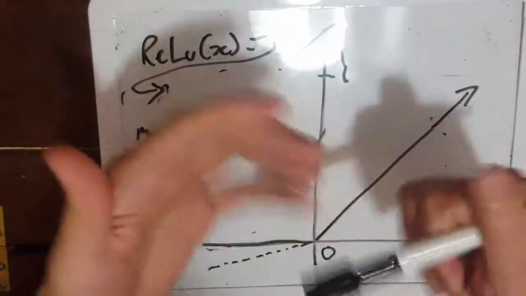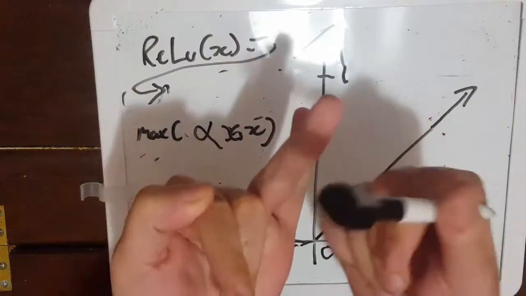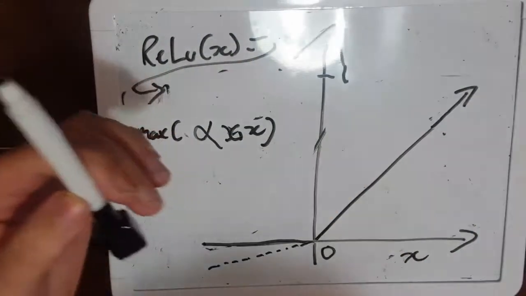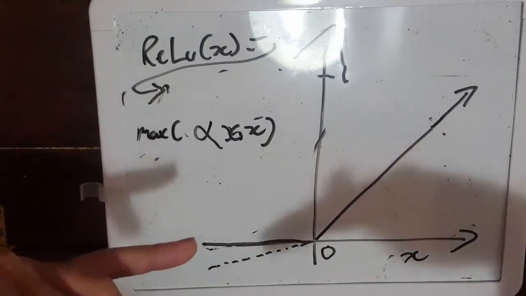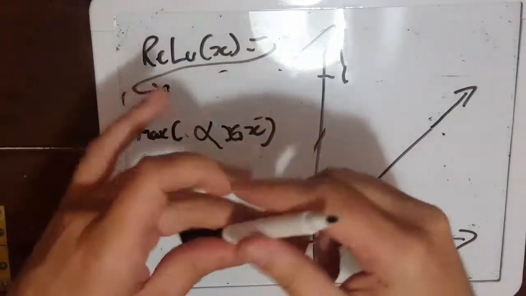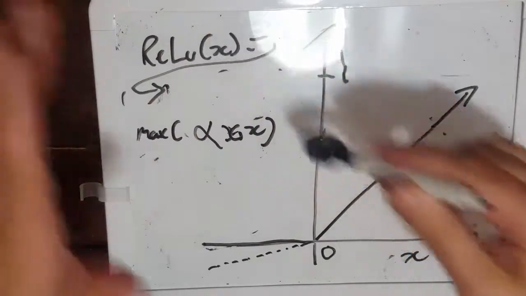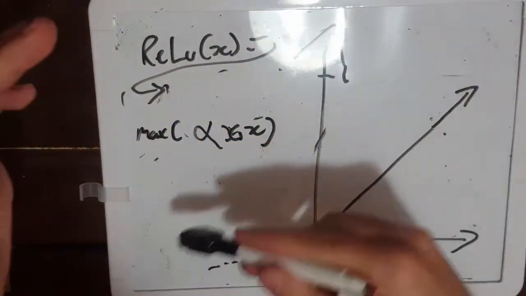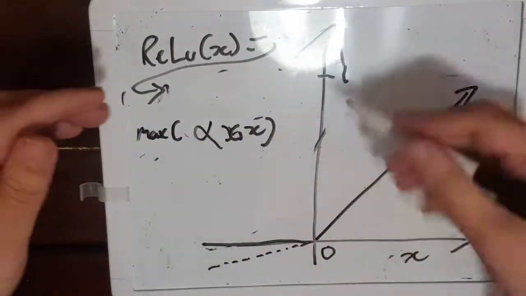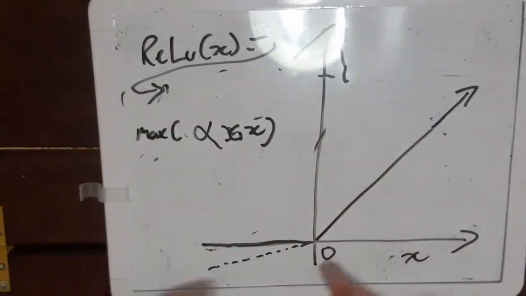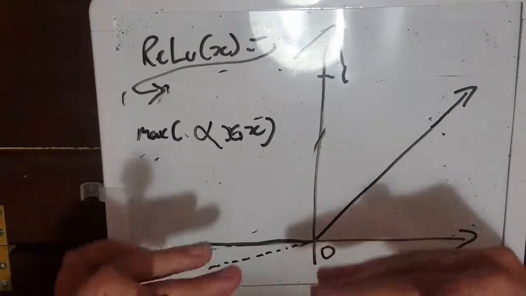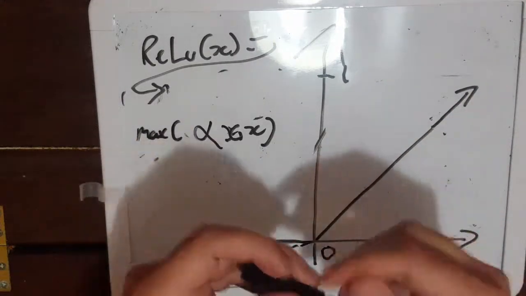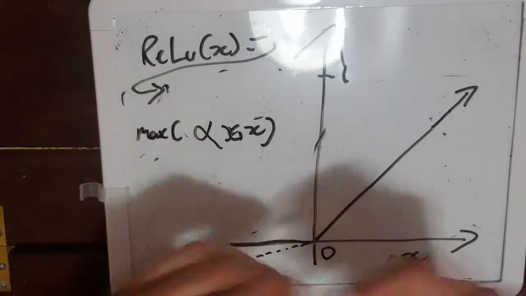You will see leaky ReLUs if you do reinforcement learning or GANs, the generative adversarial networks. You'll see it less in classification, where the loss function is usually pretty stable. But in other architectures, you can get a loss that can have very high variance, in which case you would want a leaky ReLU to give you a buffer. But don't worry too much about it. Just stick with the ReLU.